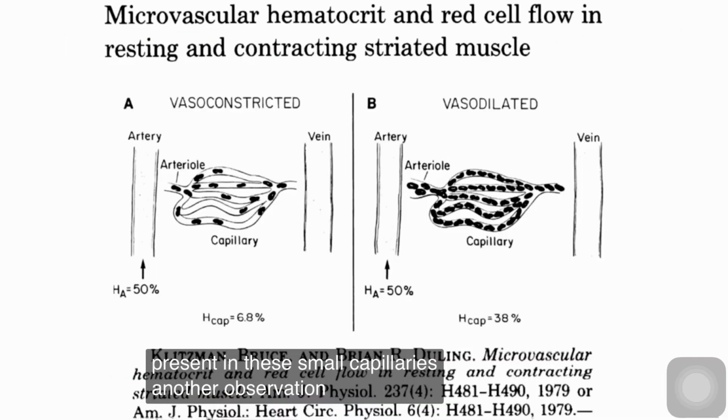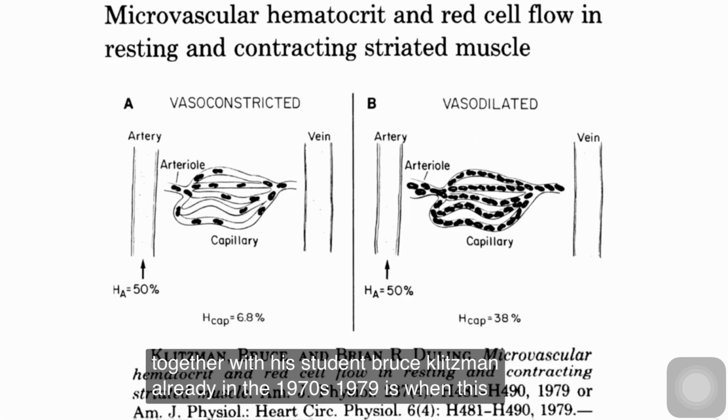Another observation that he made together with his student Bruce Klitzman in 1979 is when this paper was published, a paper on the microvascular hematocrit, so that's the volume percentage of red blood cells in the capillaries.